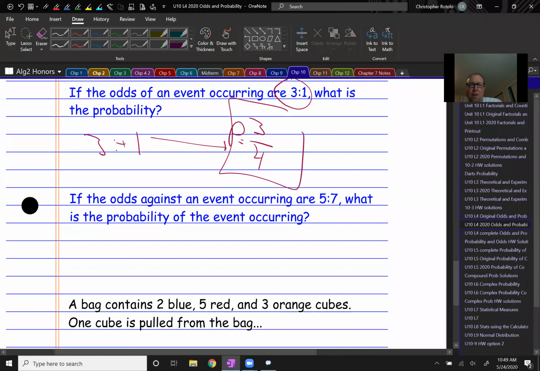The odds against an event occurring are 5 to 7. What's the probability that the event does occur? All right, so we have a couple ways to work around that. So that means we're talking about against. So probability of not happening is 5/12.